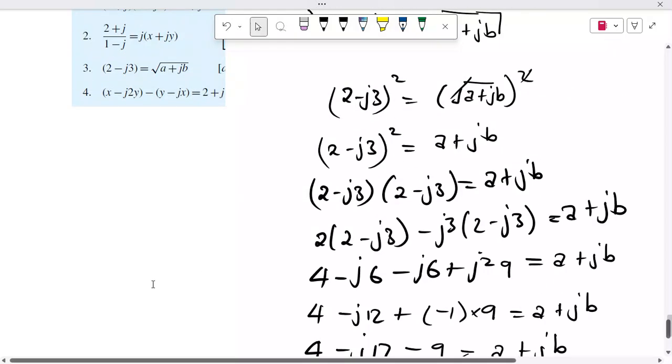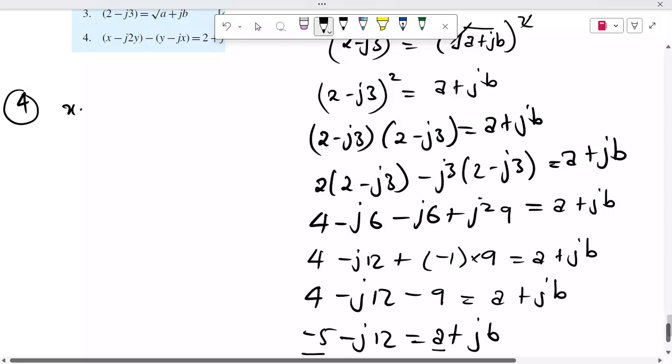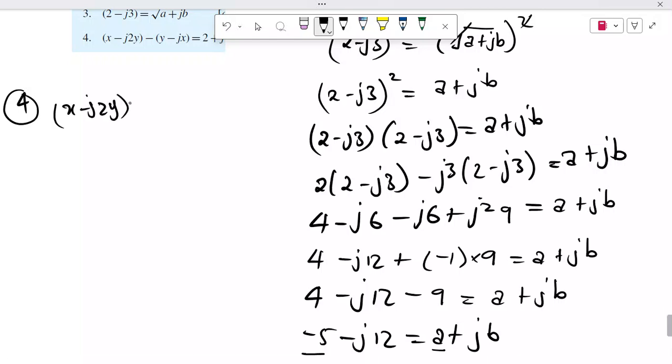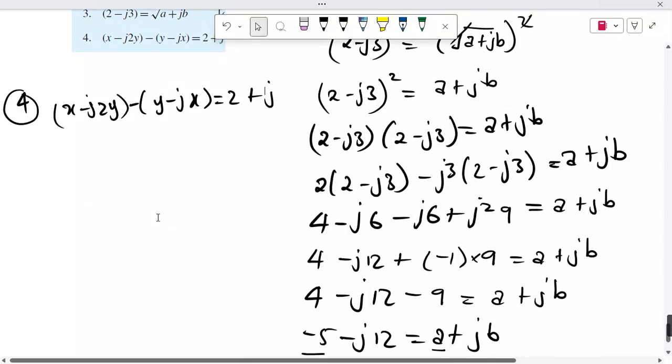Okay, so let's solve the last part. Question 4: we have x minus j2y, minus y minus jx, equal to 2 plus j. So here this is pretty easy.